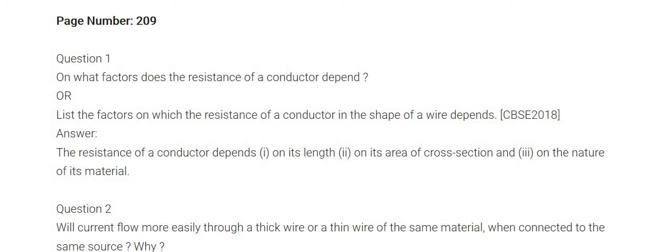Let's see the answer. As we discussed in the previous videos, the resistance of a conductor mainly depends on its length, its area of cross section and the nature of its material. It also depends on the temperature. It is not mentioned, but it also depends on the temperature.